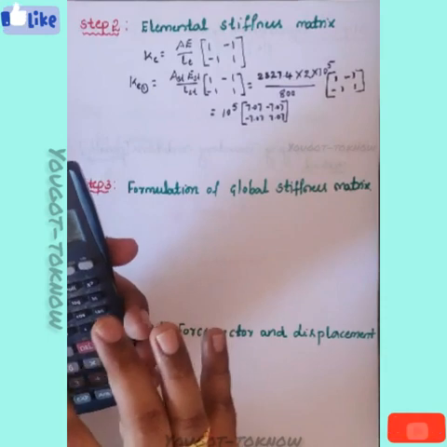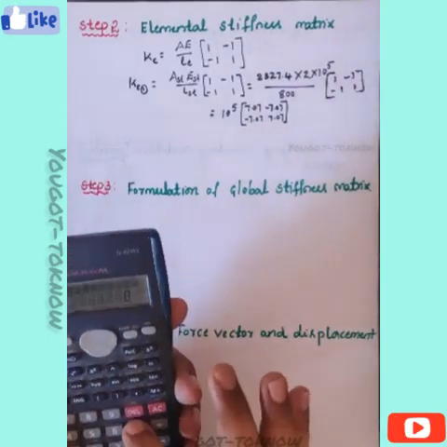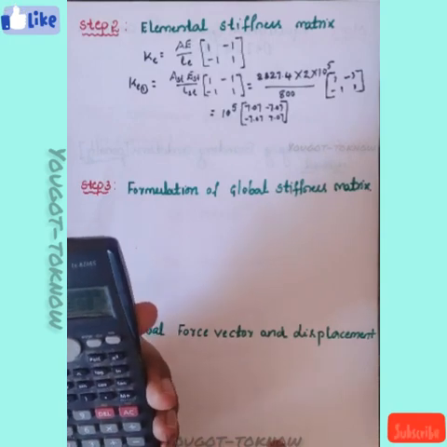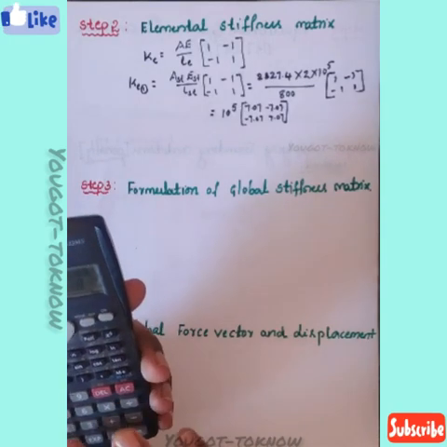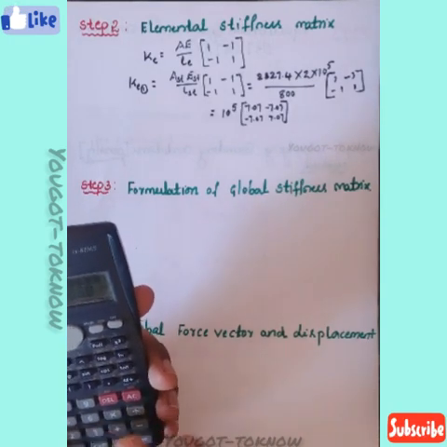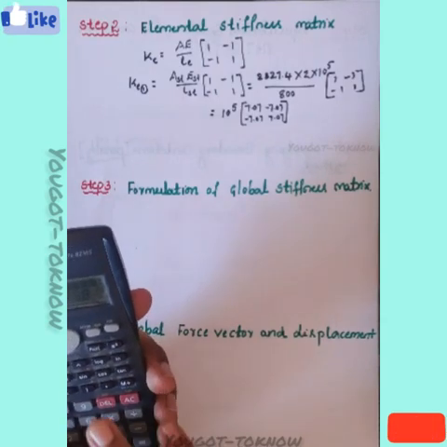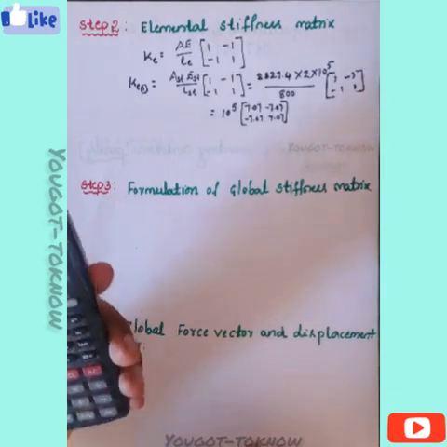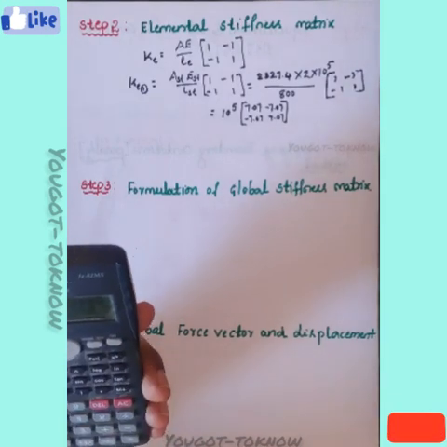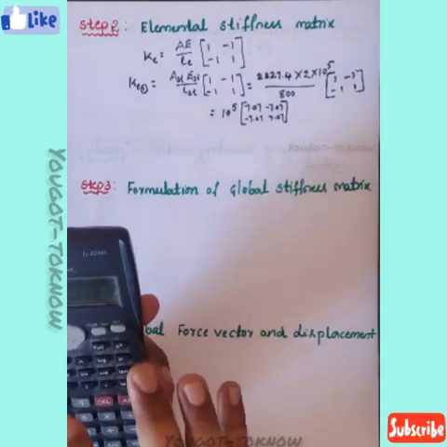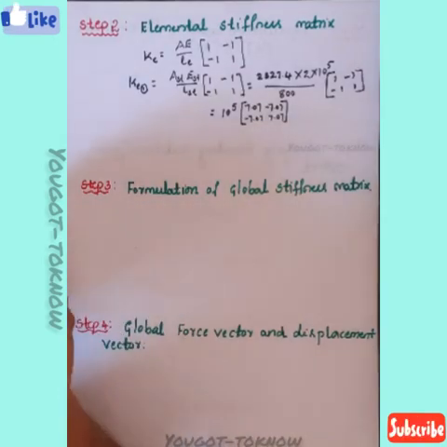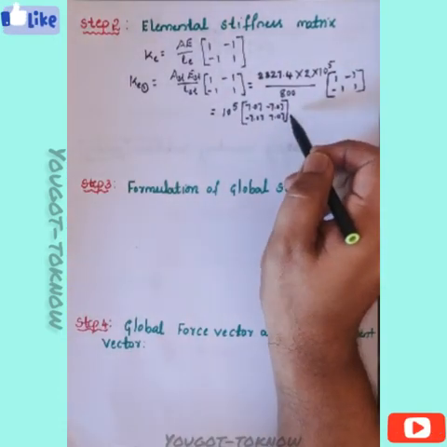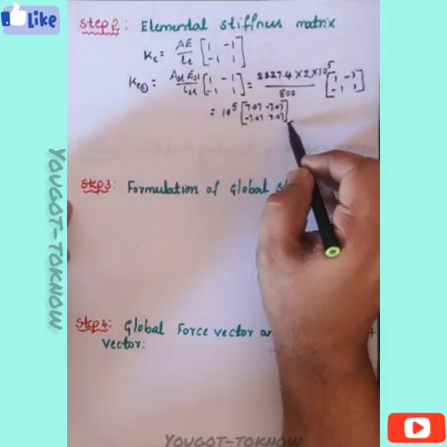What is the area? 2827.4 into 2 into 10 power 5 divided by 800. You are going to get 7.06 into 10 power 5. Actually it is 7.068, and I had written it as 7.07. This is what I had calculated.